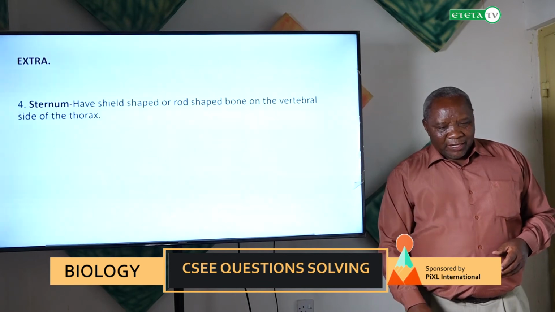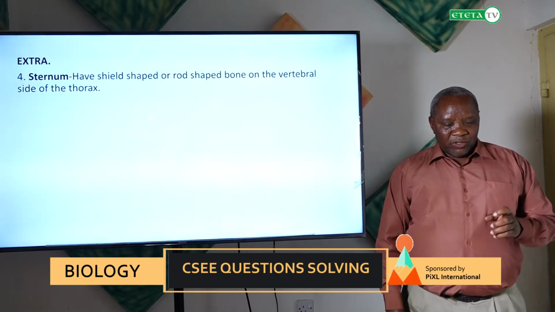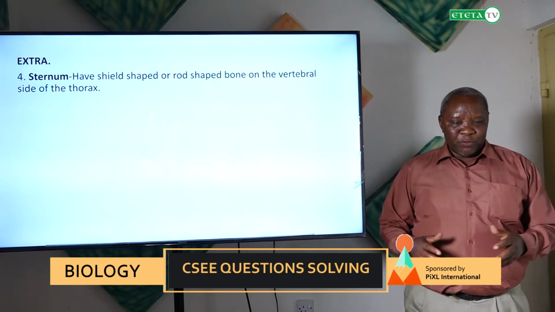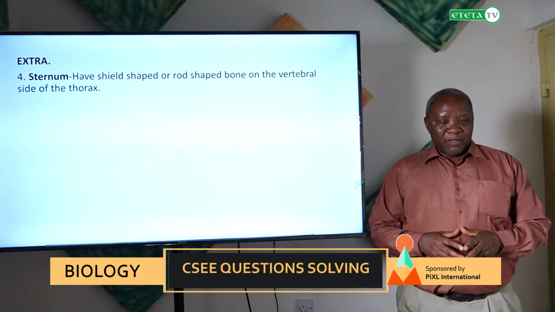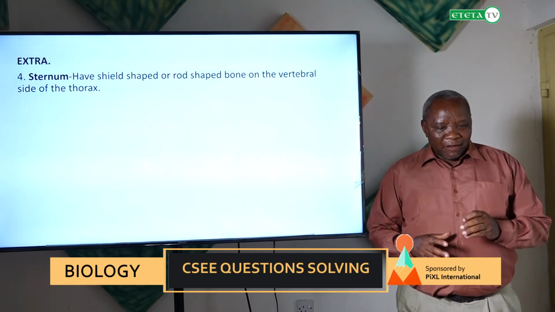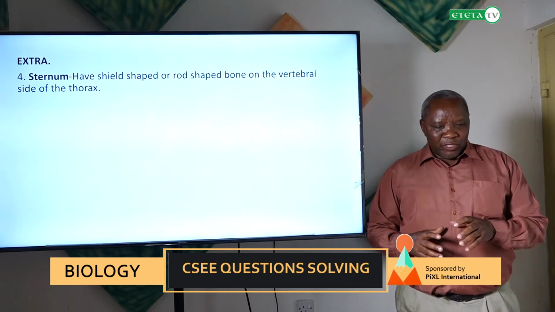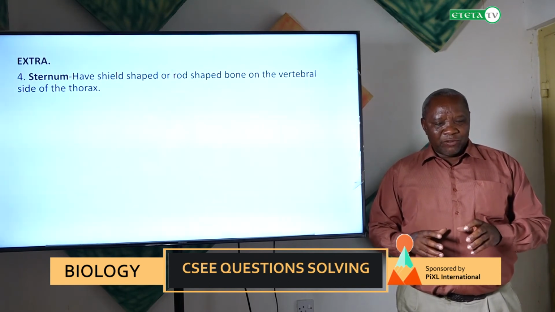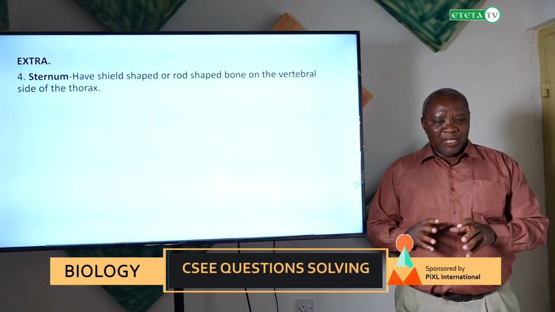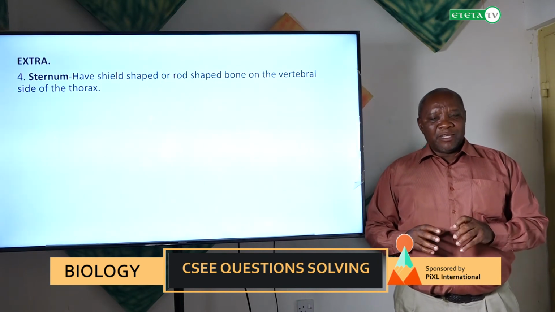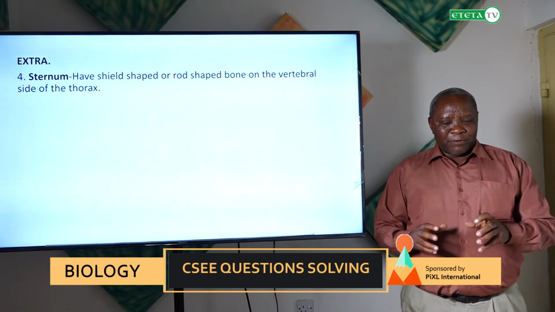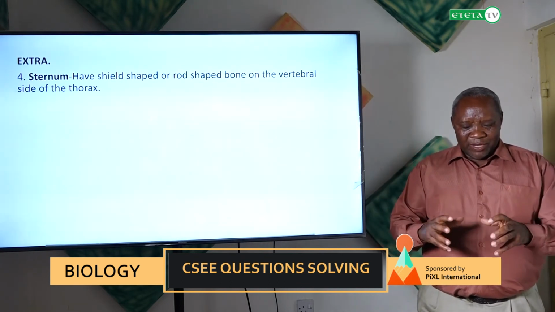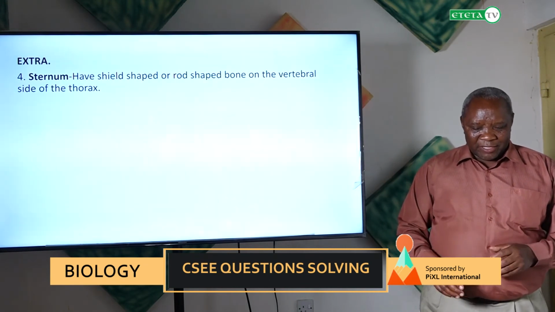According to the question only 3 points are needed, but there is an additional one that can help you: the sternum. The sternum is a shield-shaped or rod-shaped bone on the ventral side of the thorax. This shape makes it adapted to perform its function within the whole axial skeleton.